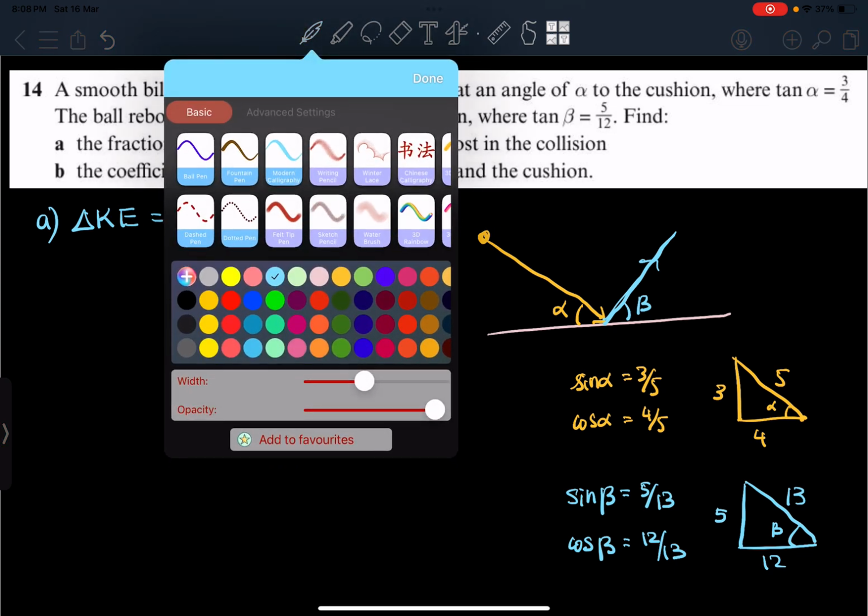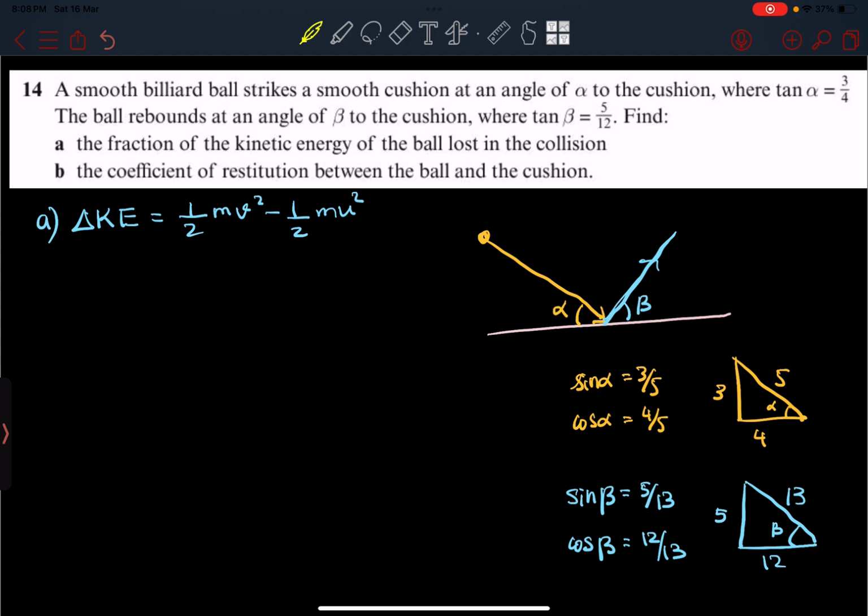So that means we will have to assume that this is u, and if that is u, I can then say the perpendicular component is u sine alpha. So u sine alpha, and then perpendicular component here would be e times u sine alpha.